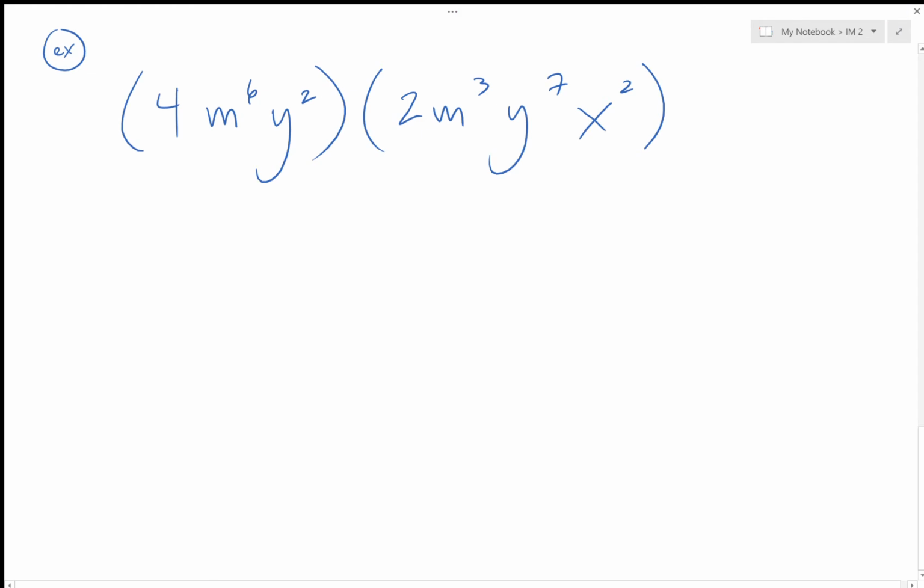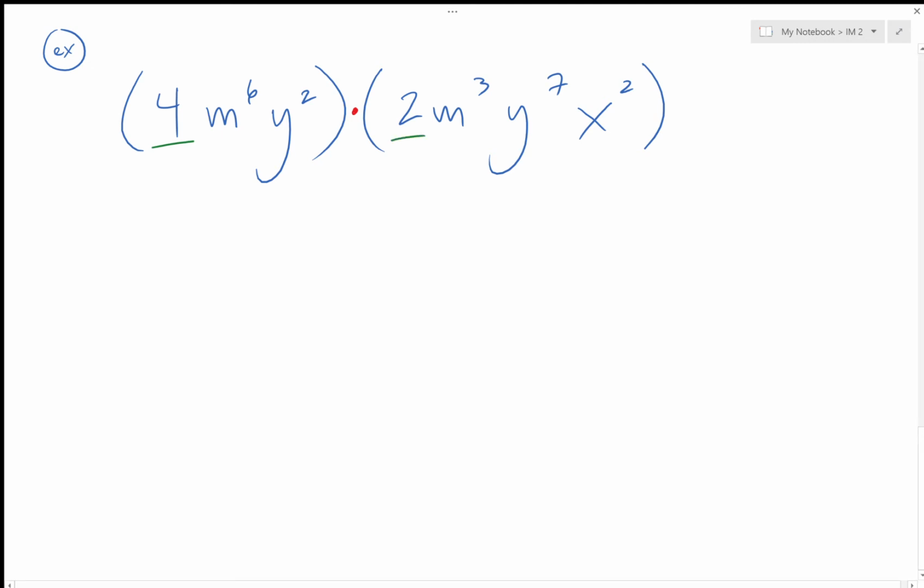We've got a parentheses connected to another parentheses, and when they're touching like that, that we know is going to be multiplication. So let's match up pieces here. Let's go piece by piece. So let's look at it. In the first one, we've got a 4. That's the number in front.